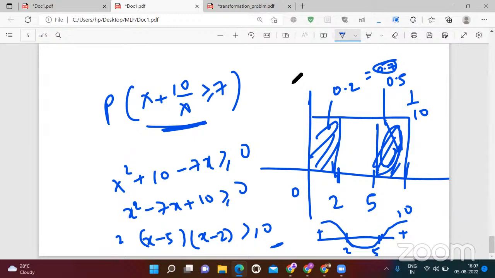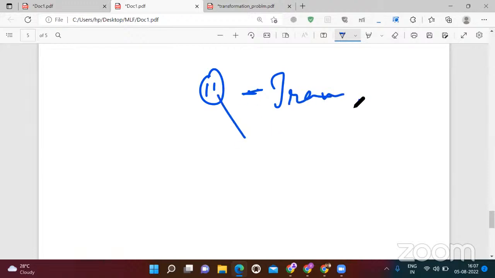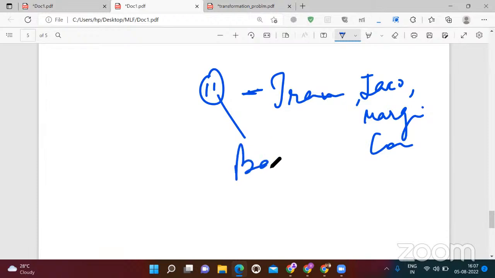I'll tell you again for the 11th week. One thing is the transformation problem, the Jacobian, marginal, conditional, and the basic properties regarding probability that you should know.